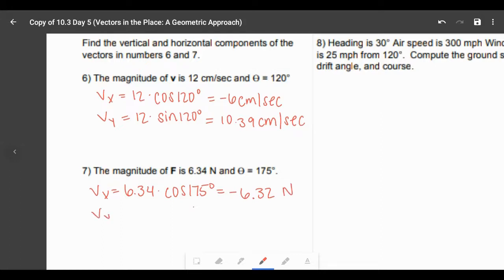And our Vy is going to be 6.34 times the sine of 175 degrees. And that is going to be approximately 0.55 newtons.